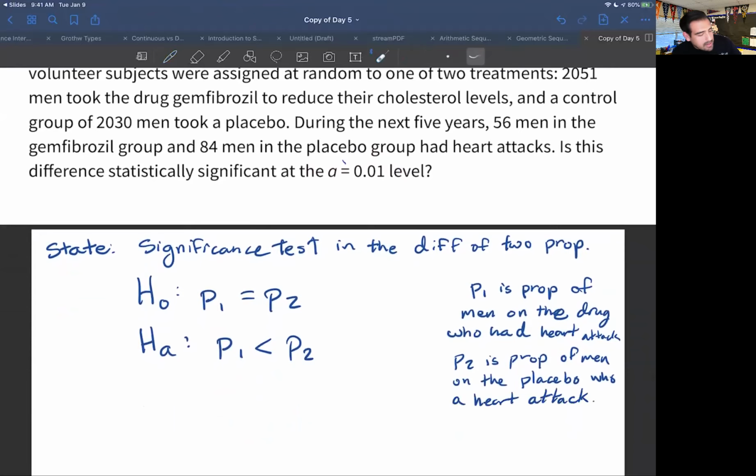So the null hypothesis said, hey, there's no true difference in the proportion, right? The alternative says, hey, the people on the drug, the proportion actually decreased, right? This is where it's going to be one-sided. This is what we're looking for. And we were told our significance level is at 1% because we're dealing with the health of people.